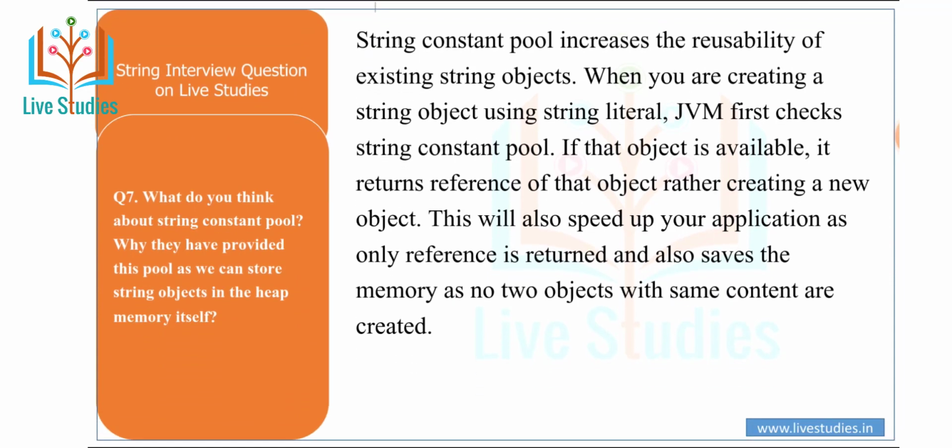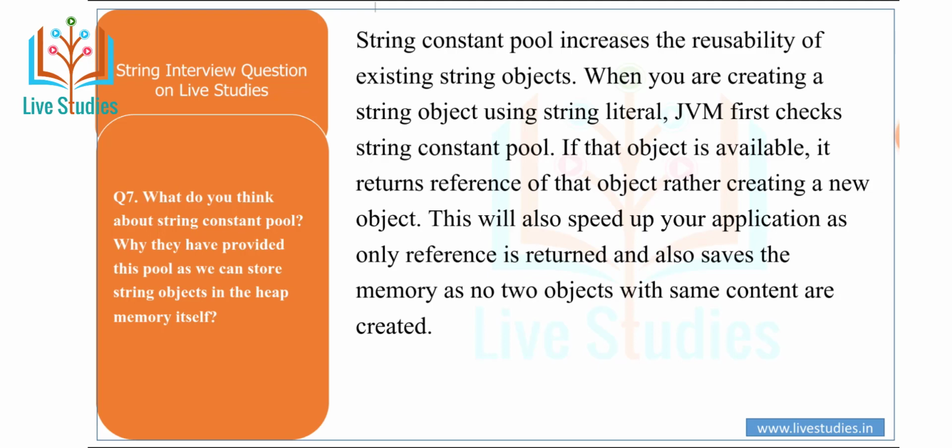Another question is, what do you think about the string constant pool, and why was this pool provided, as we can store string objects in heap memory itself? The string constant pool increases the reusability of existing string objects. When you create a string object using string literals, the JVM first checks the string constant pool.